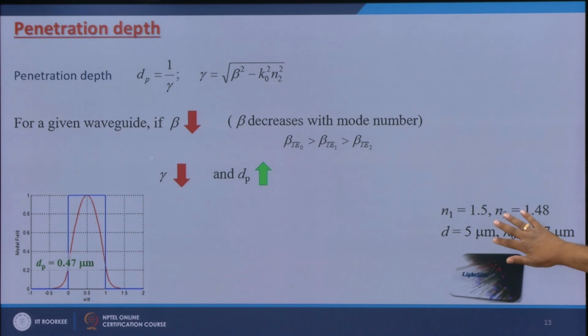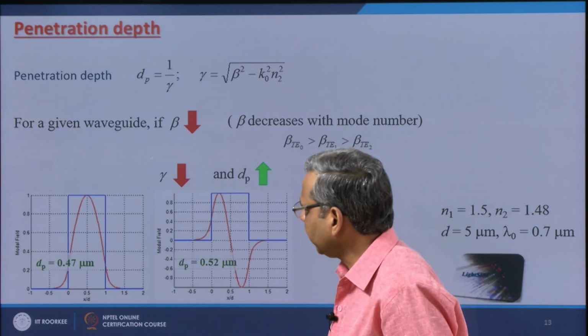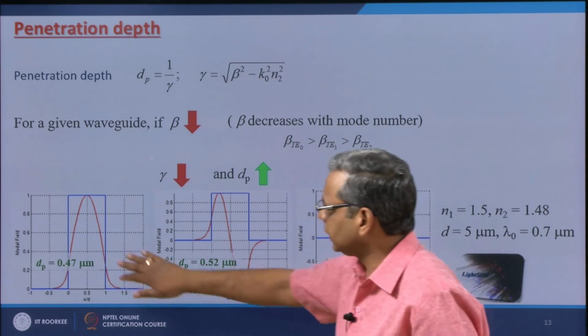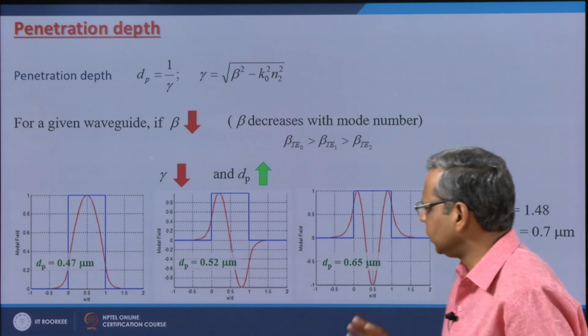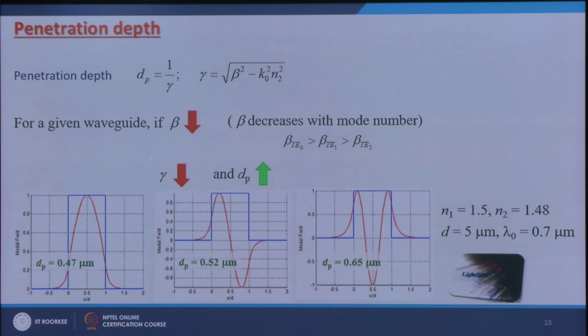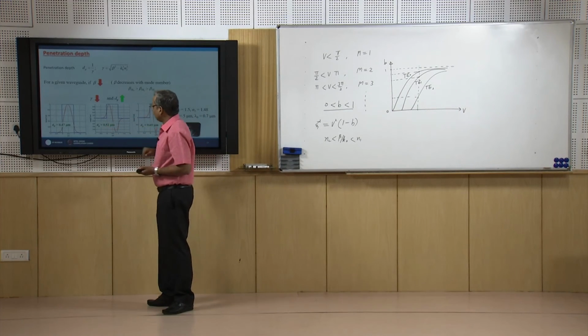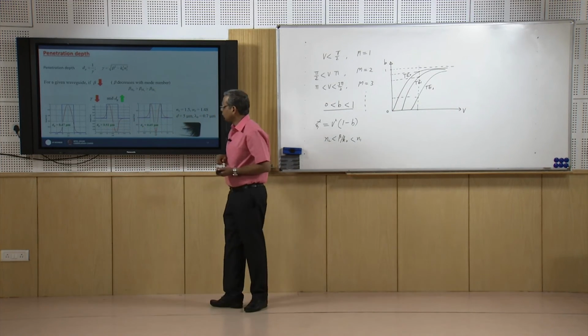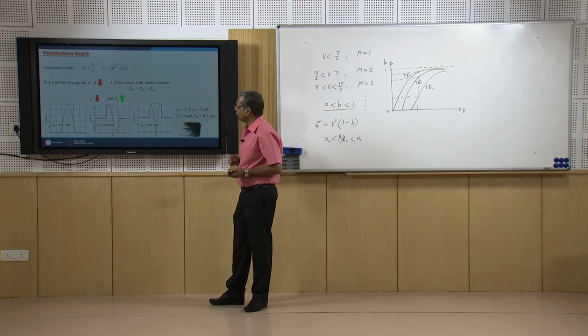If I have this waveguide and this wavelength, and I see the mode profiles of different modes: TE0 mode has penetration depth of about 0.47 micrometer, TE1 mode 0.52 micrometer, and TE2 mode 0.65 micrometer.